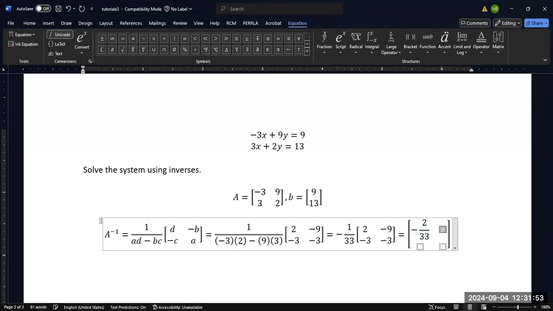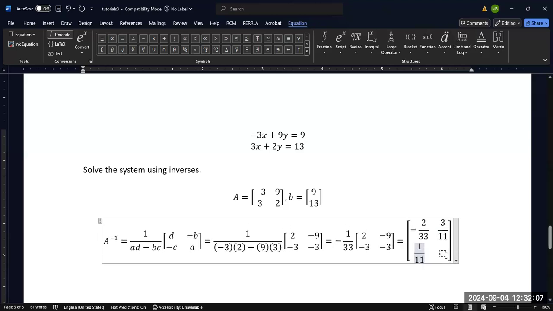And 9 over 33 will reduce to 3 over 11. And then -3 divided by -33 will give us 1 over 11. And then -3 divided by -33 will also give us 1 over 11.